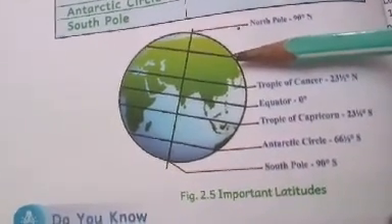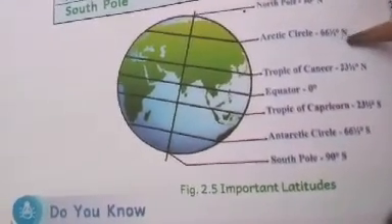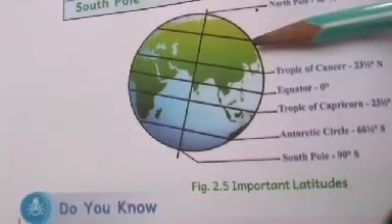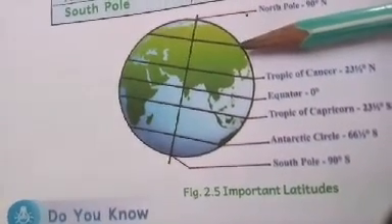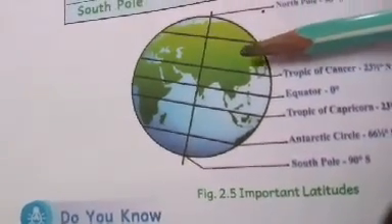Arctic Circle is located at 66.5 degree north. Like that in the southern hemisphere also, such a latitude is there.